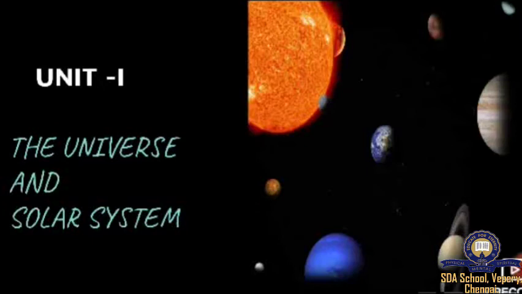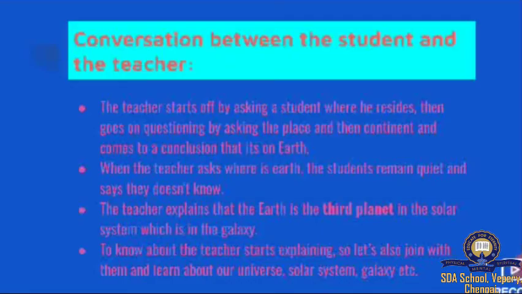As a start, today we are going to see Unit 1 of Geography, the Universe and the Solar System. First, we see the conversation between the student and the teacher.